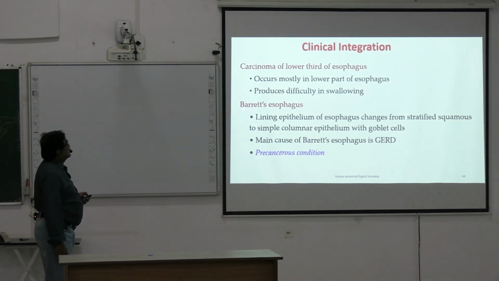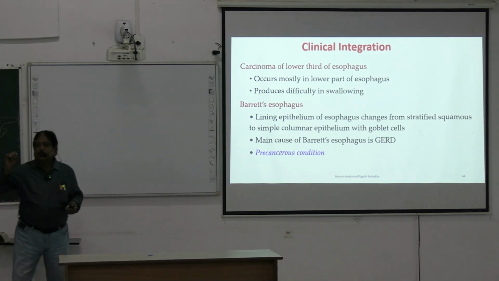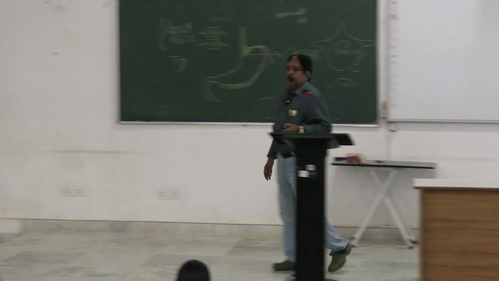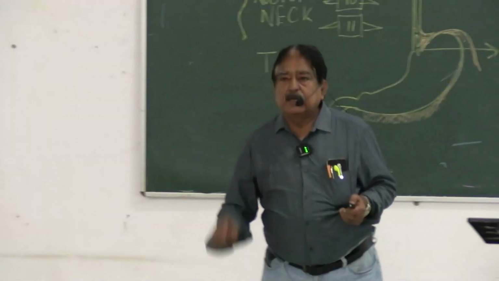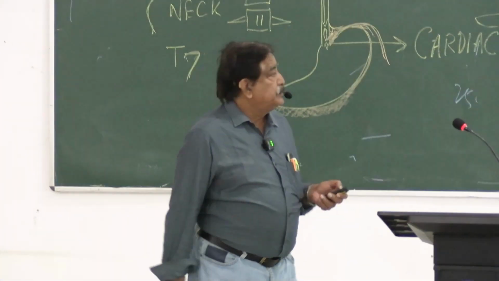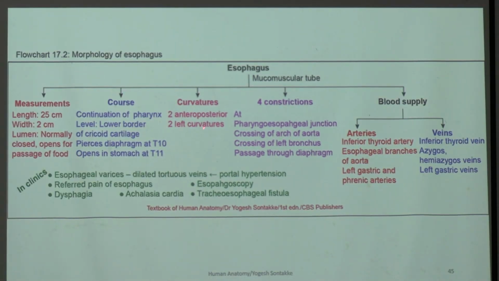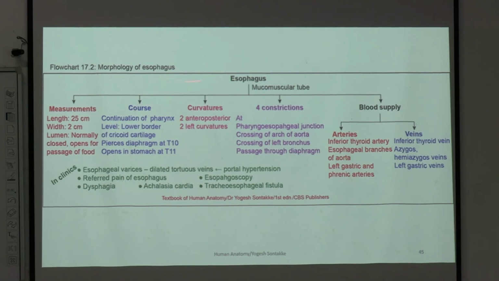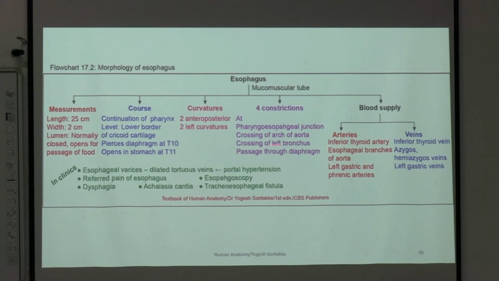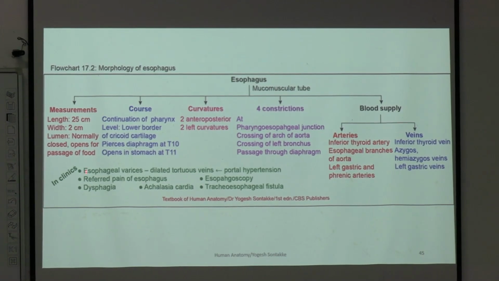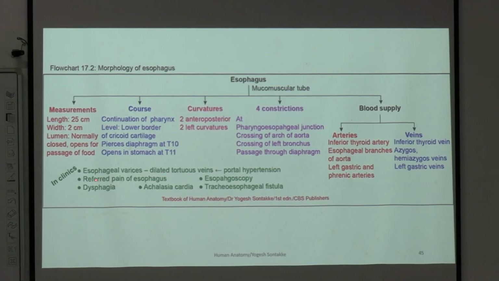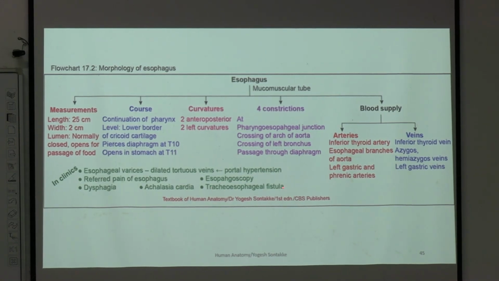Now, Barrett's esophagus can be an MCQ question or a short note. This is descriptive. Now, in clinics, esophageal varices are dilated tortuous veins in portal hypertension. Referred pain is from the esophagus; esophagoscopy, dysphagia, achalasia cardia and tracheoesophageal fistula.